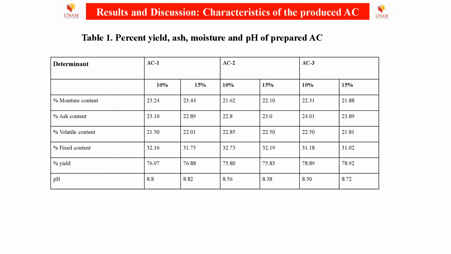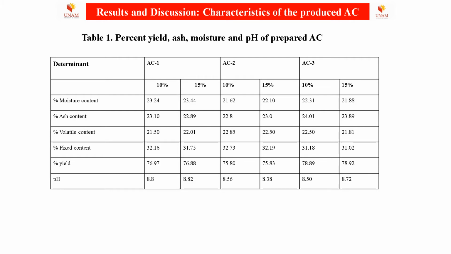Ash content obtained for AC1 10% H3PO4 impregnated is 23.1, and for 15% H3PO4 AC it is 22.8. AC2 10% it is 22.8, 15% 23. AC3 10% 24% ash content, 15% H3PO4 23.